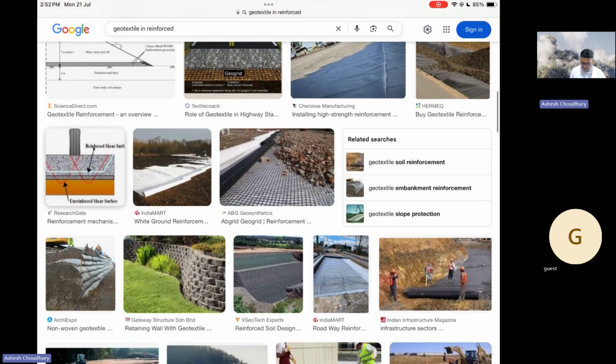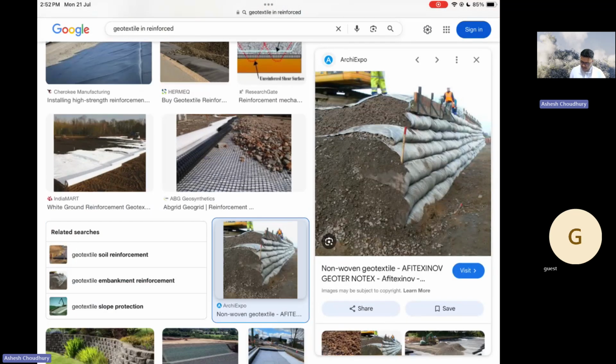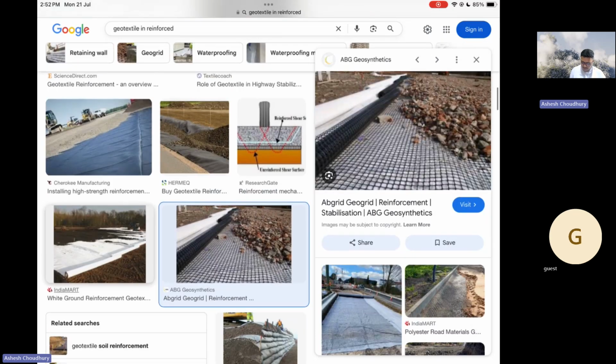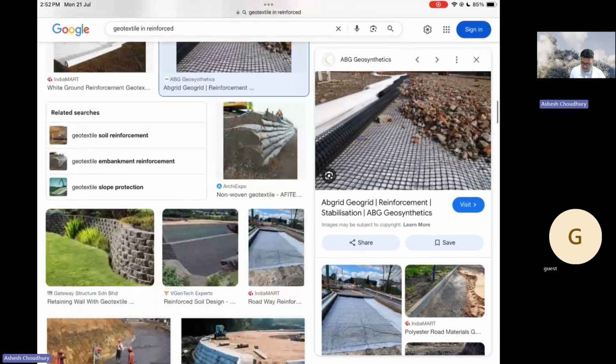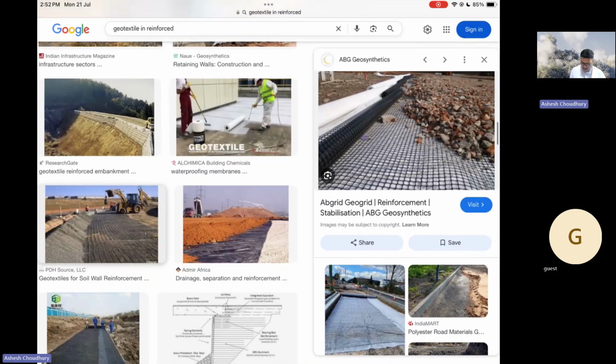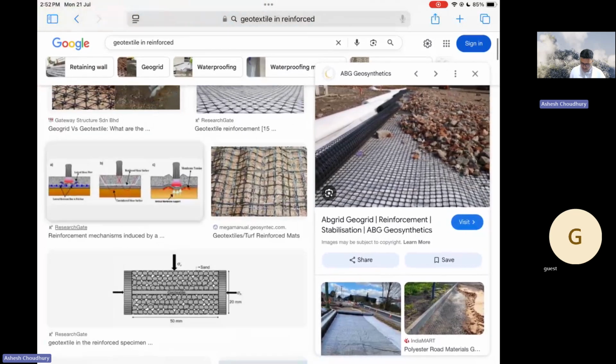You can see some of the applications. This is a geotextile used for reinforcement. A vertical reinforced earth wall is constructed with the help of this geotextile reinforcement. Similarly, a geogrid is used for a similar purpose. There are many uses actually; we'll discuss them one by one later.